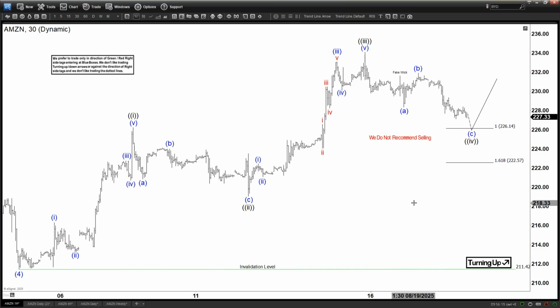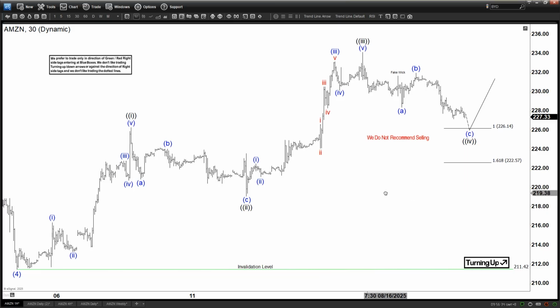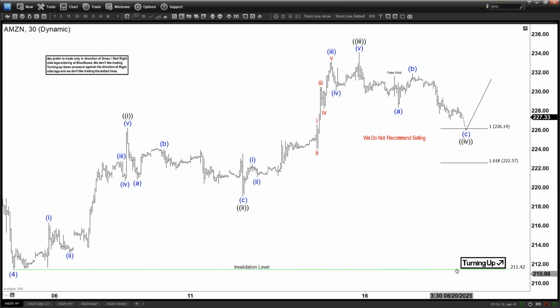Sometimes you can say this is more likely than the others, but in this case, all the alternates we're going to be discussing are equally possible. If you take a look at the correlation with other indices, then yes, there is potential for extension higher, and this is why we're still calling for more upside for the time being.